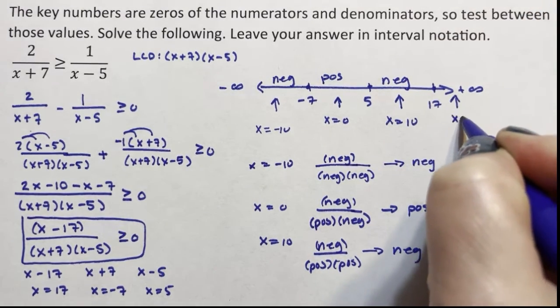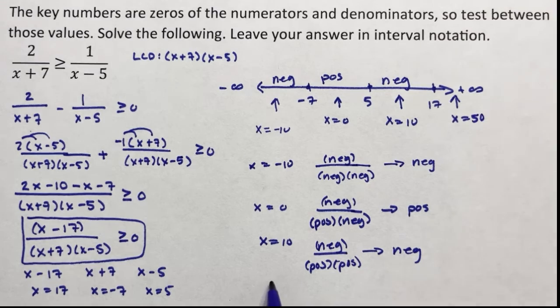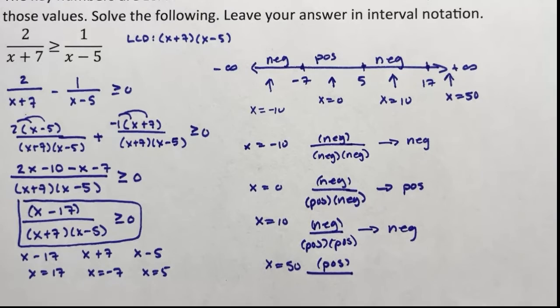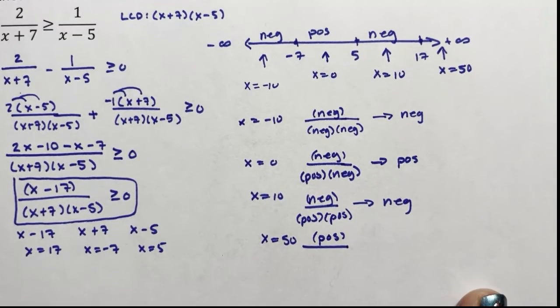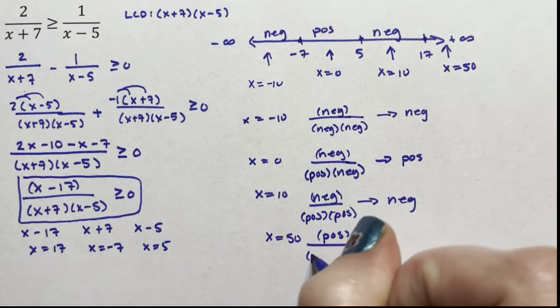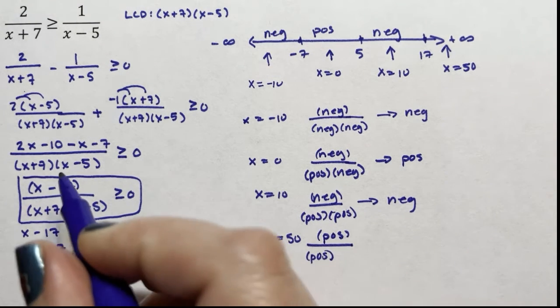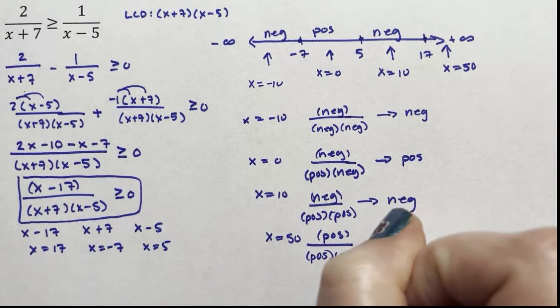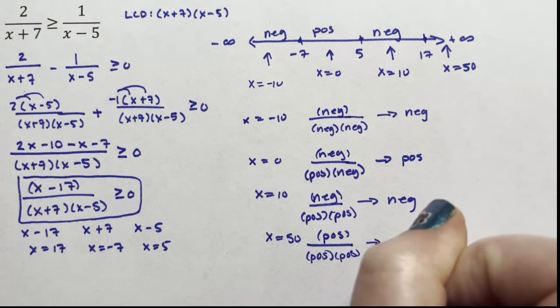Let's do x equals 50. 50 minus 17 is positive. 50 plus 7 is positive. And 50 minus 5 is positive. Well, everything is positive.